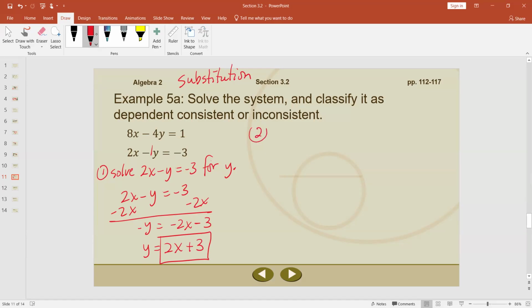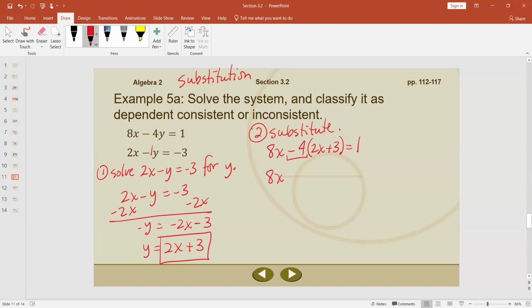So my second step is I substitute: 8x minus 4 times 2x plus 3. Don't forget to distribute, and don't forget that the subtraction distributes with the 4.